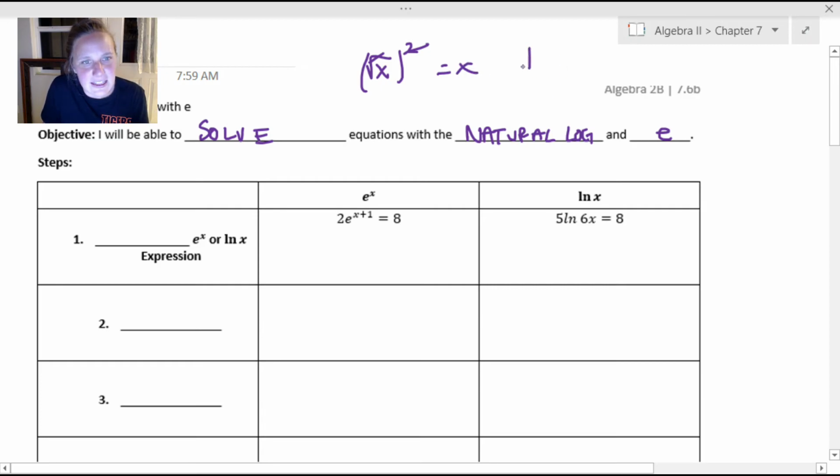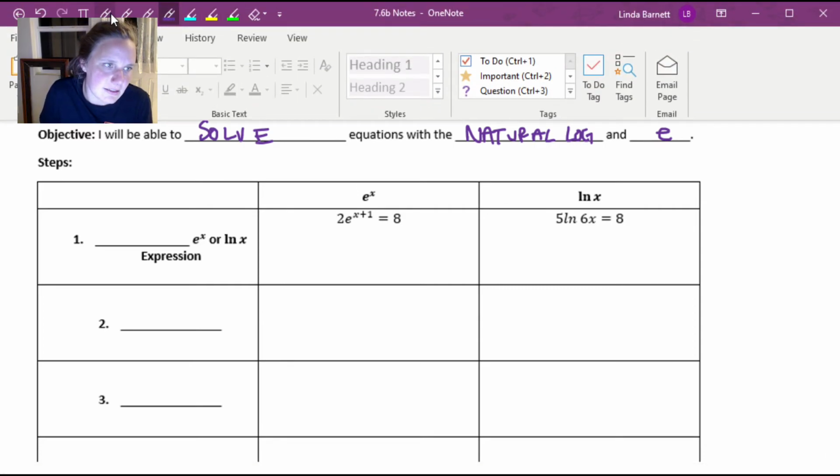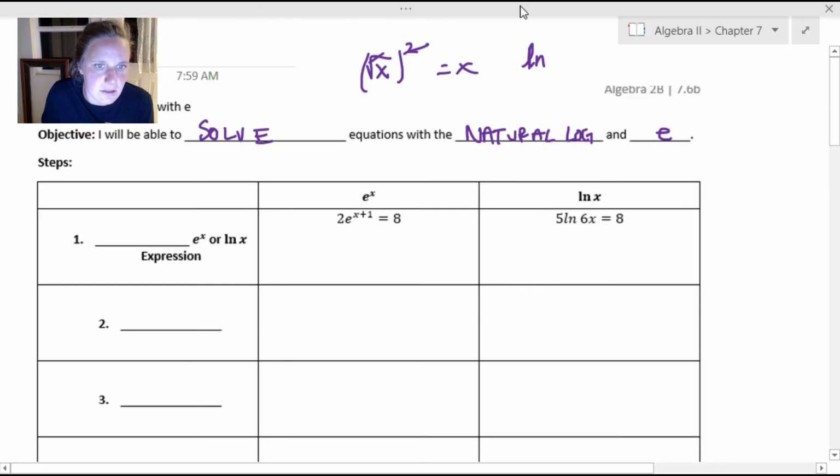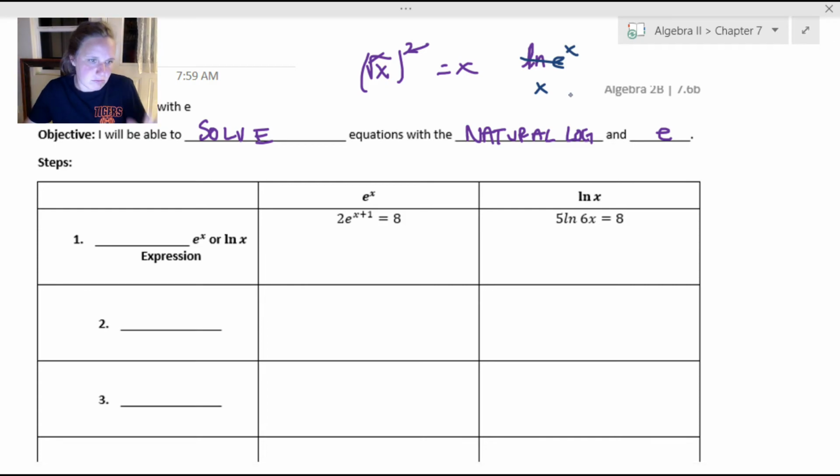If you take the natural log of e to the power of x, then they undo each other and you just get x. So they're inverses, like multiplication and division are inverses, or addition and subtraction are inverses. So that's why this works.